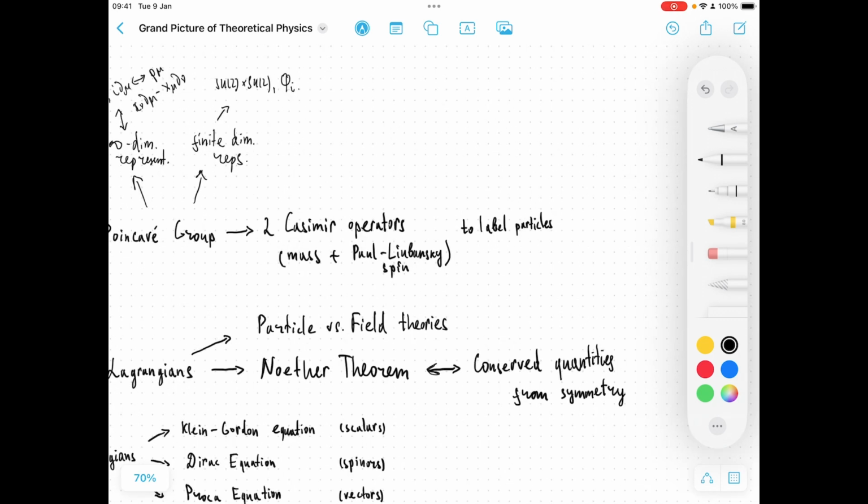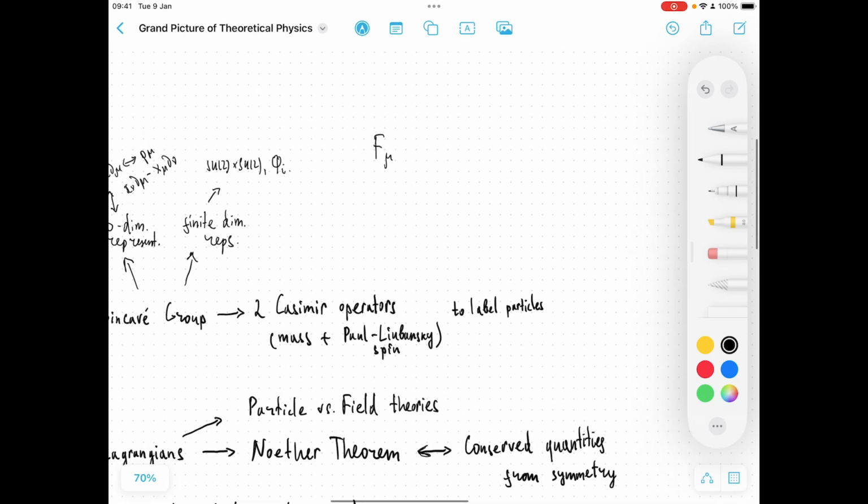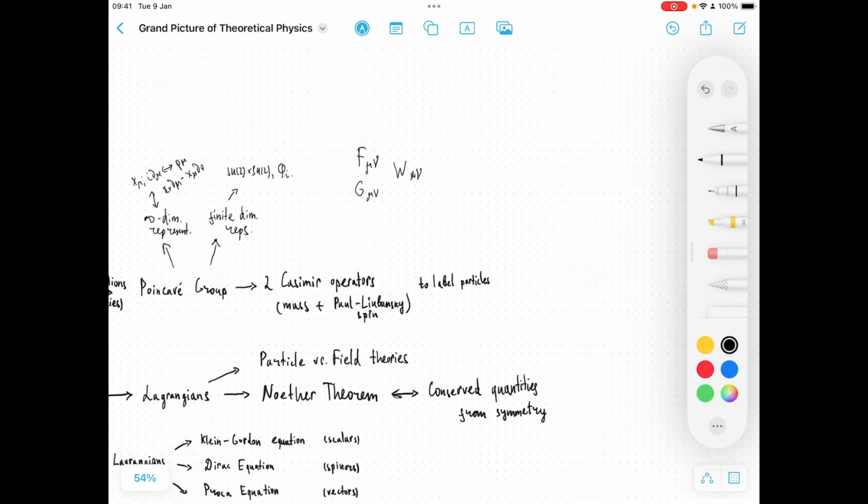Where we have similar stuff, we have curvature, like the Maxwell tensor, and it acts similarly. We have similar curvatures for the strong force and for the weak force, like some W. And probably they will be matrices. I don't remember exactly, but they should be matrices in this case. Nevertheless, bosons, so they will live in the adjoint representations and stuff.